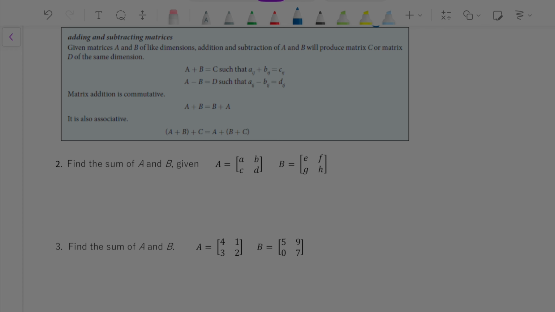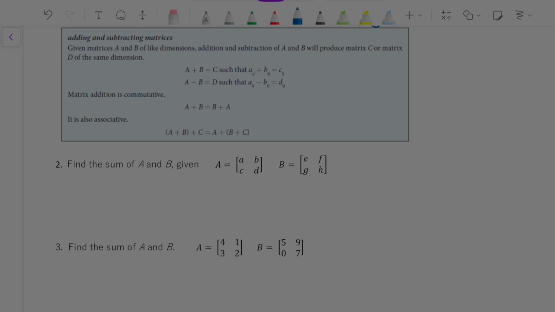Let's talk about operations with matrices. We can add, we can subtract, we can multiply, but there are rules with the multiplication. We're going to start with adding and subtracting, because the dimensions play a role in the operations that we do.